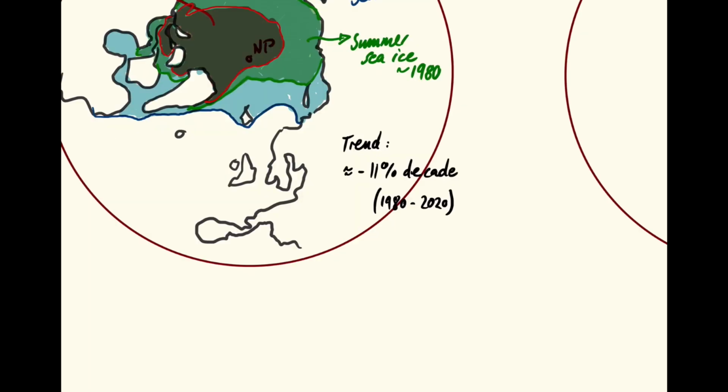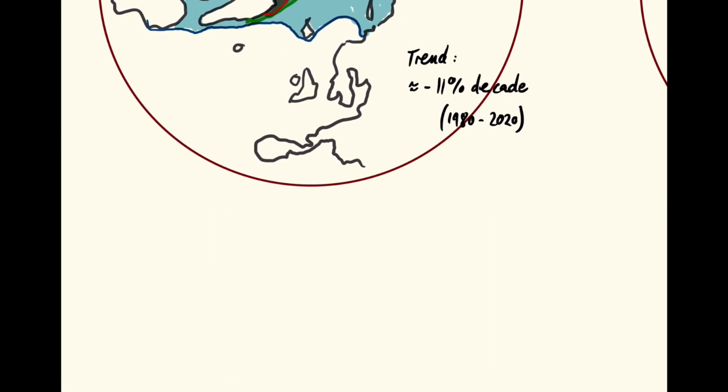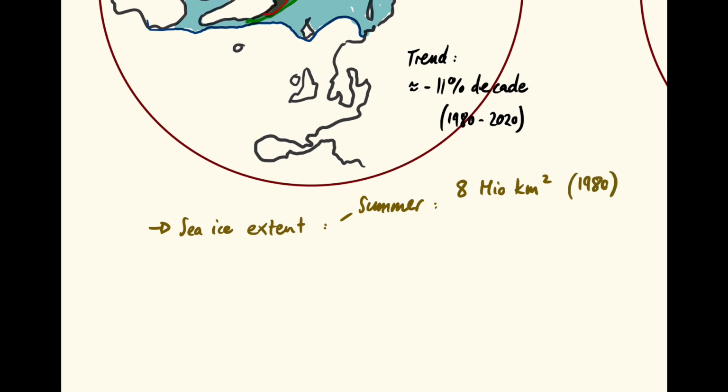To provide a couple more facts on sea ice extent, in the summer it used to be around 8 million square kilometers, which is comparable to the area of the US, and now is more like 4 million square kilometers.